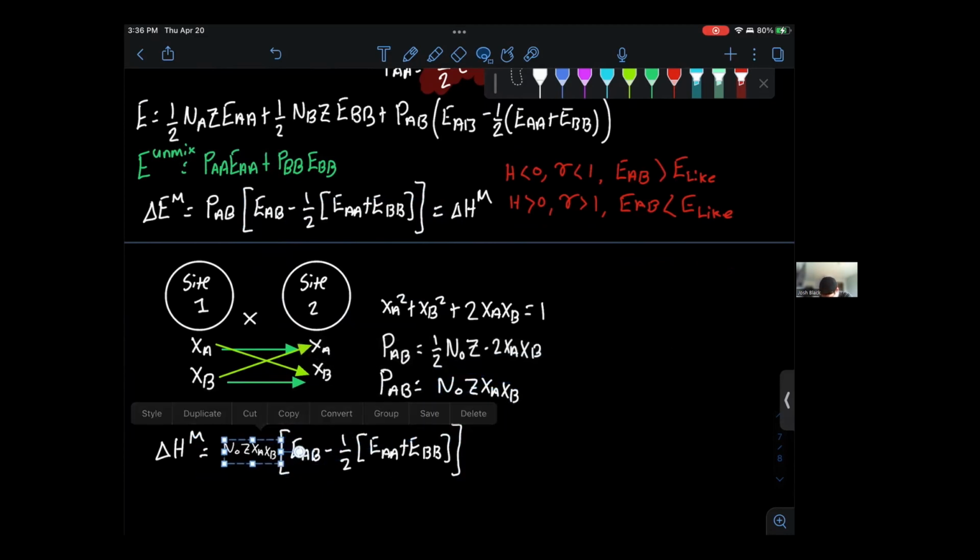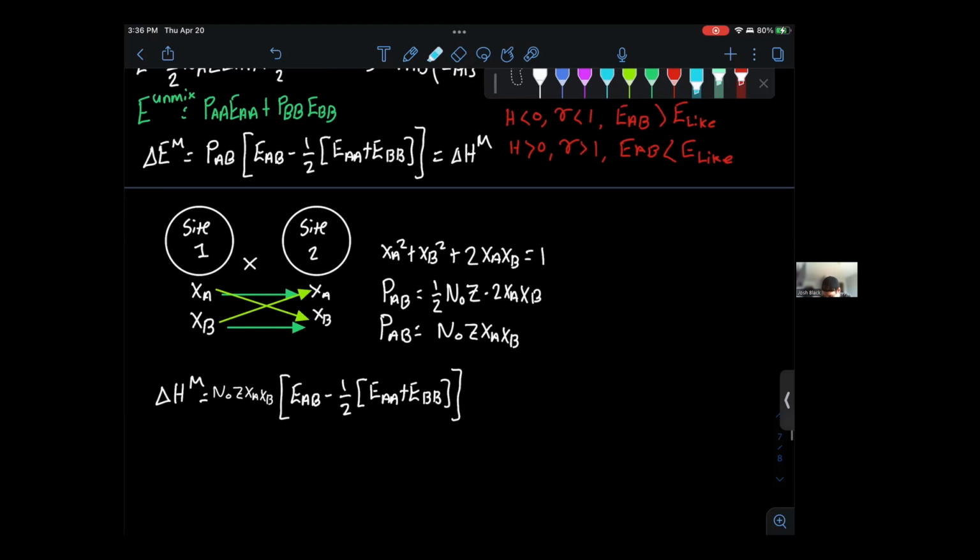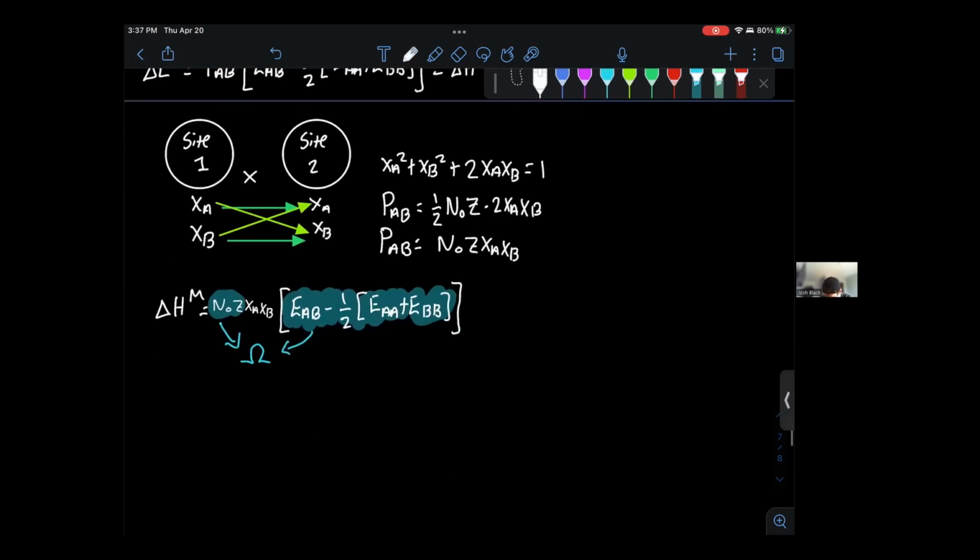Now we're going to do something fancy with this brand new term. This is a lot of stuff, and we can extract a lot of it very easily. Everything that I've just drawn in blue, we're going to name a new variable, omega. So enthalpy of mixing is going to be equal to omega XA XB.